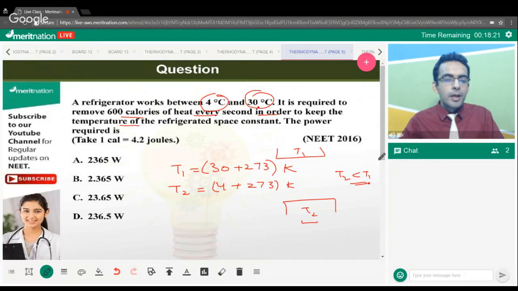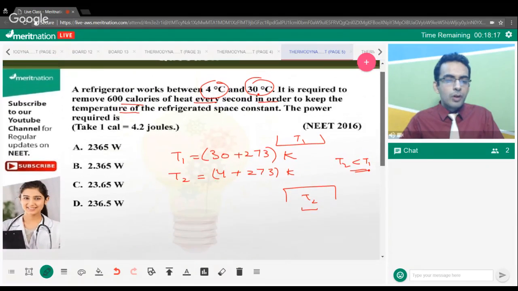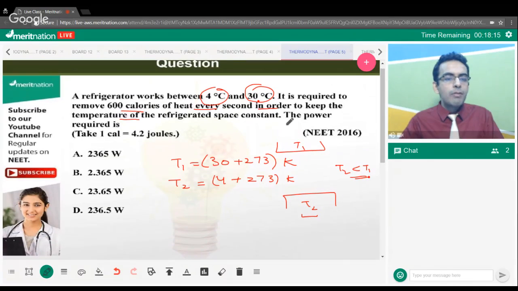Now, the next thing is we have to find the power required. We know that Q2 by W is equal to T2 by T1 minus T2, right?